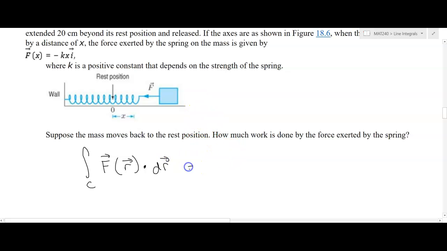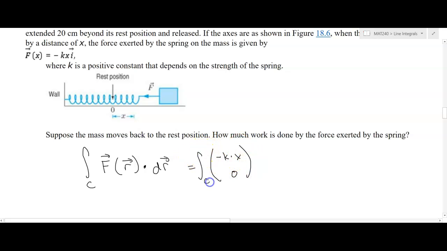As we begin breaking this down, we see that our force function only has an i component, and that i component is negative k times x. K is just some constant. Now what about the y force? There is no y force because this is only a horizontal spring. There is no up and down movement or force in that assembly, therefore that force is 0.